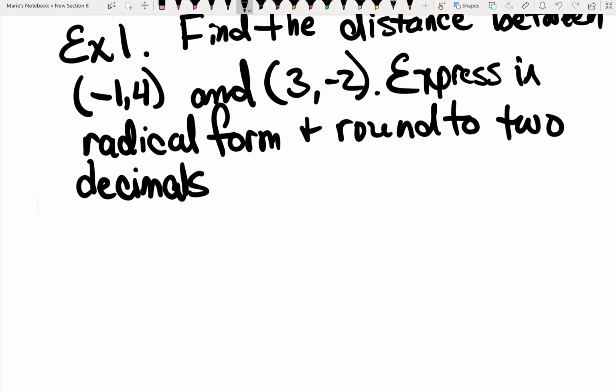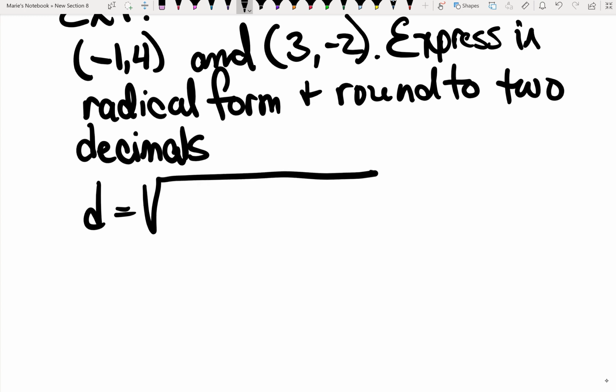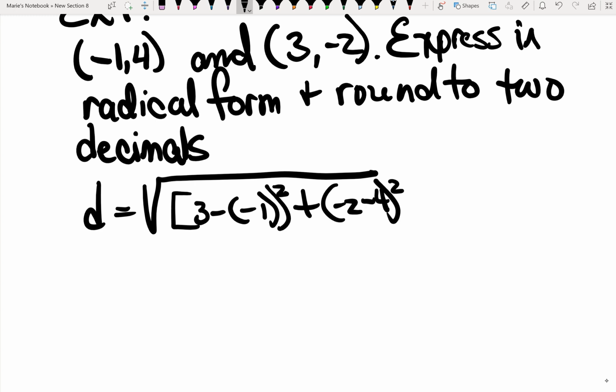All right, so we begin with this, and in this case we're going to say distance is equal to the square root, given our 2 points, where we're going to use 3 minus -1, all of that squared, plus -2 minus 4 squared. You end up with distance is equal to the square root of 52.